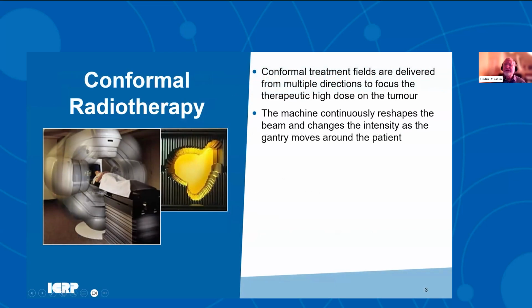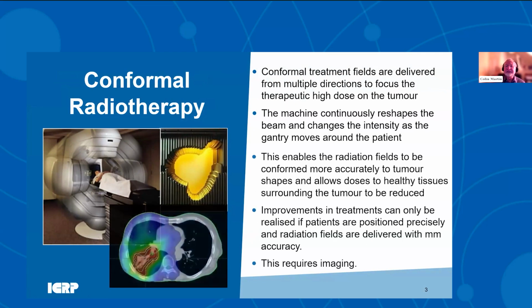So conformal radiotherapy treatment fields are delivered from multiple directions so that the high dose can be focused on the tumor. So the machine continuously reshapes the beam. It changes the intensity as the gantry moves around the patient.